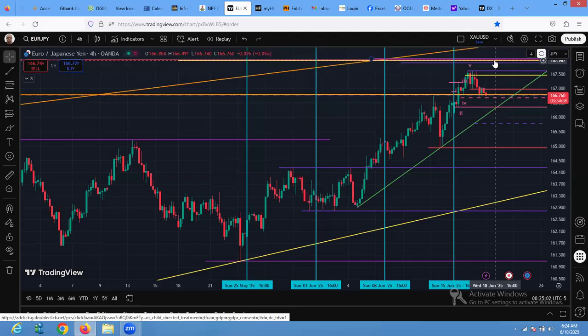So just know that we may be in for that. But if we break 165.780 to the downside, then price is going to the downside. But for now, let's see.